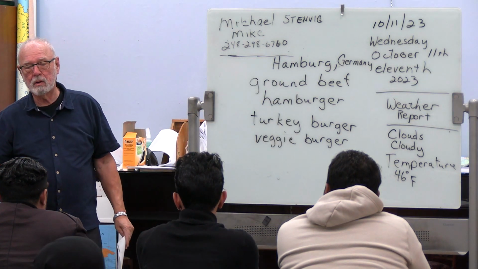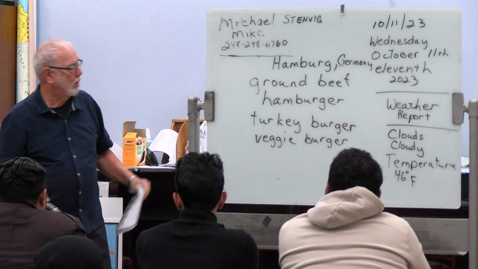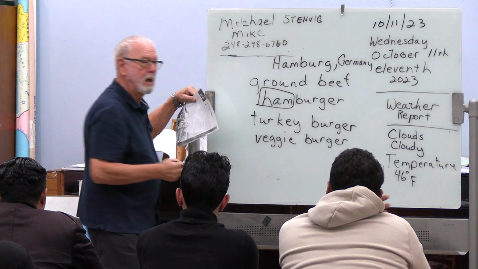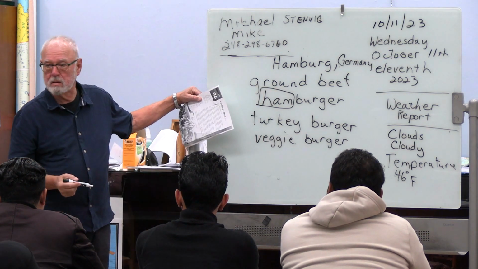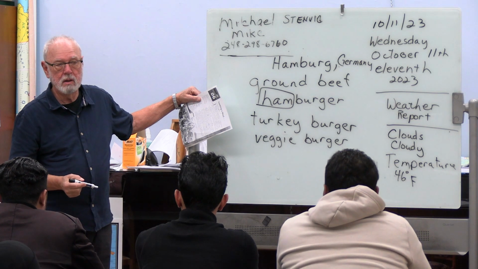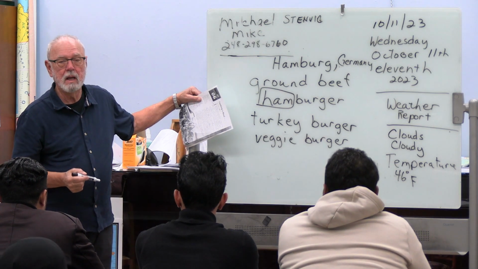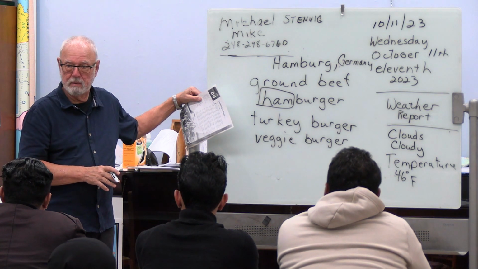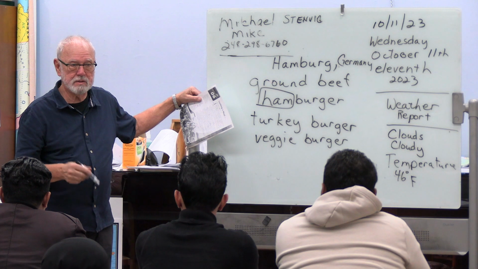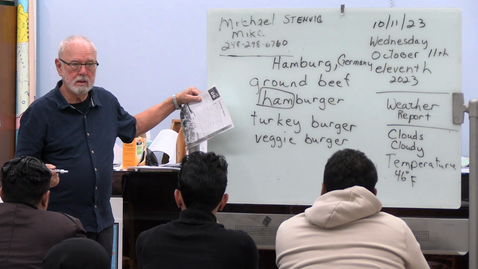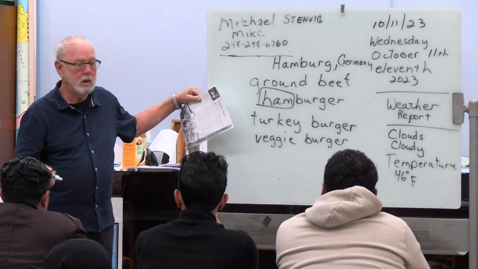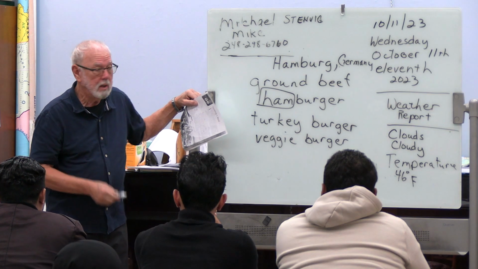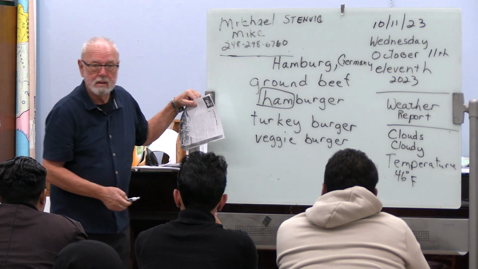But what many people may not know is that ham is a meat. What kind of meat is it? It's from salted, cured pork, which for you is haram. You don't eat pork, so if you go to a store and you buy hamburger, does it have ham in it?